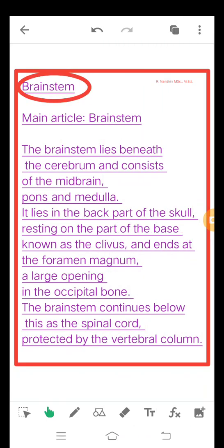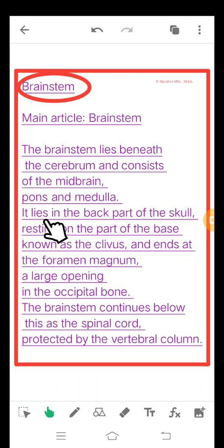Next, brain stem. This is the final, end portion of the brain. The brain stem lies beneath the cerebrum and consists of midbrain, pons, and medulla.